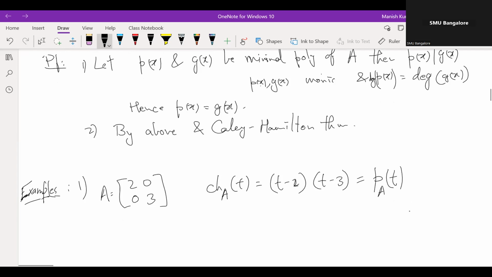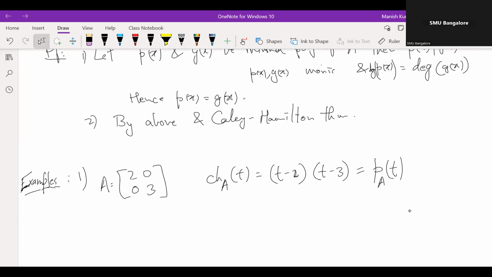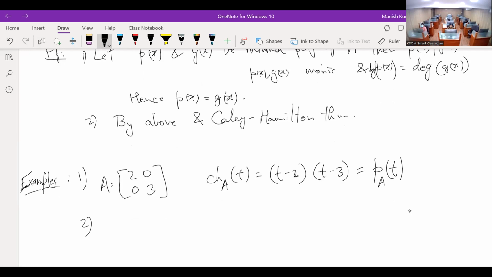Okay. What about the other example where minimal polynomial and characteristic polynomial are different? Can you give me an example?